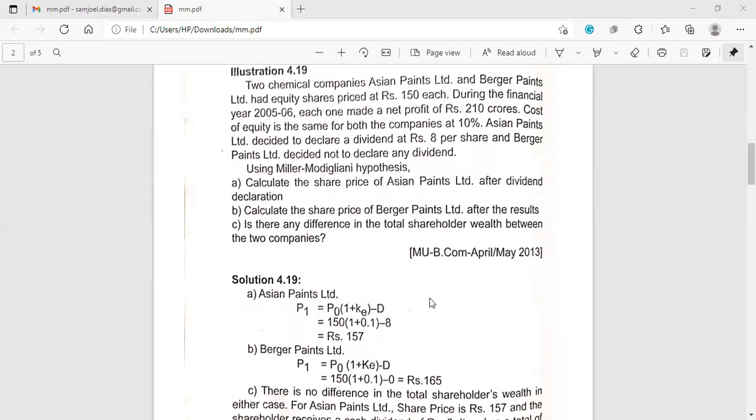Asian Paints Limited decided to declare a dividend at rupees 8 per share and Berger Paints Limited decided not to declare any dividend. Using Miller and Modigliani hypothesis, calculate the share price of Asian Paints Limited after dividend declaration. Calculate the share price of Berger Paints after the results. Is there any difference in the total shareholder wealth between the two companies?